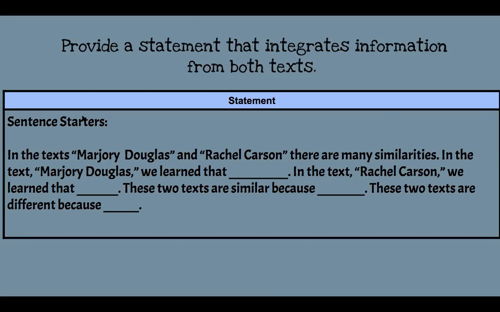One was trying to be a writer, and the other one was trying to. Yeah, I forgot. Think about their goals. Were their goals of what they wanted to protect the same? Kind of. A little bit, right? But Rachel Carson was more focused on pesticides, right? Yeah, and then on ecosystems. And then Marjory Douglas was more focused on the Everglades.